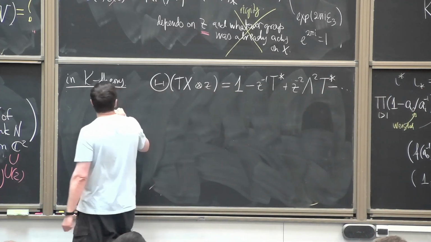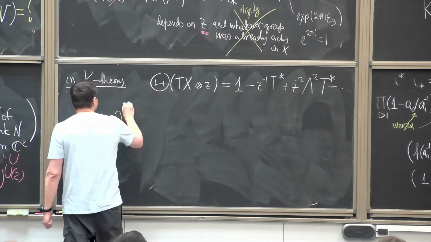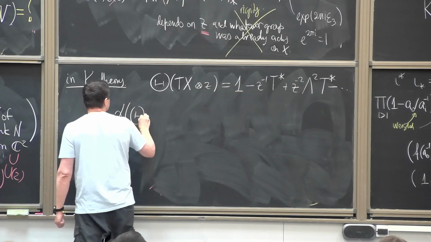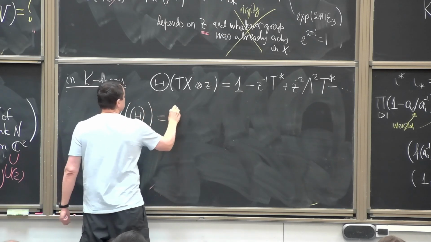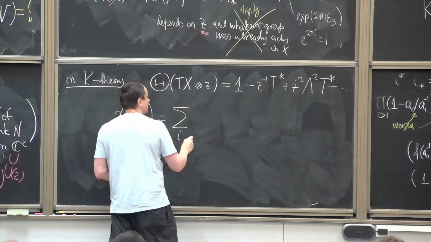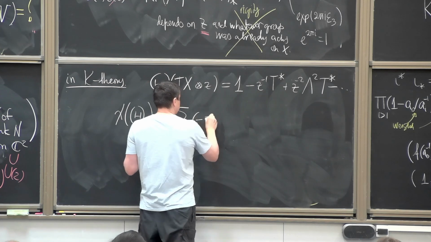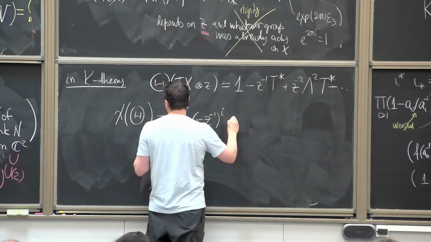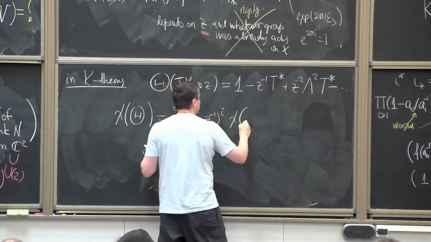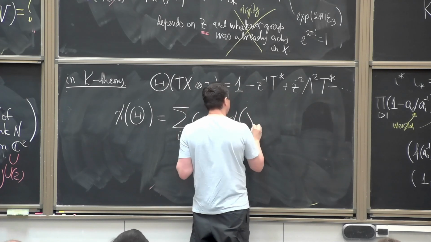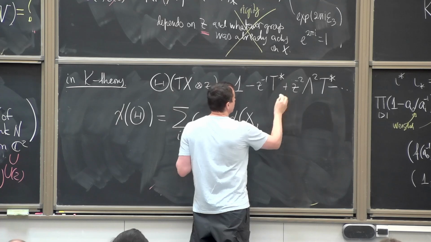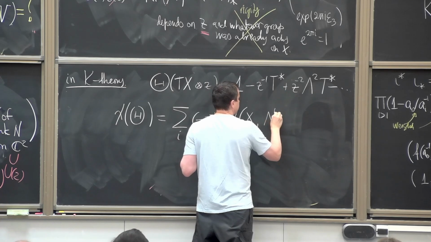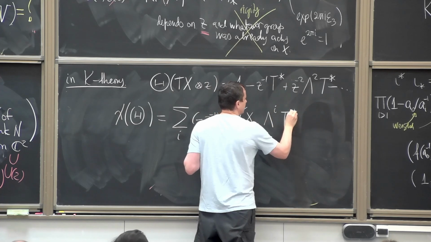And so the Euler characteristic of this theta, well, this will be the summation over i of Z minus Z inverse to the power i, times the Euler characteristic on X of the ith exterior power of the cotangent bundle.